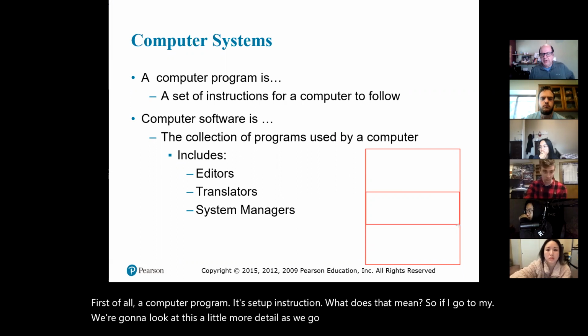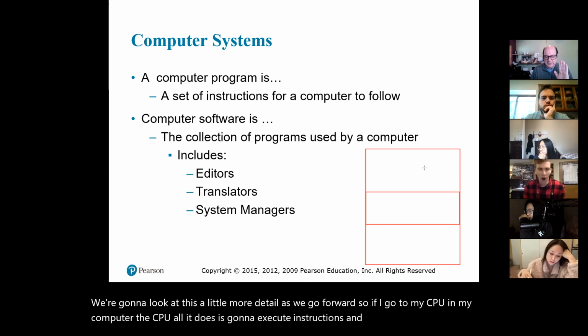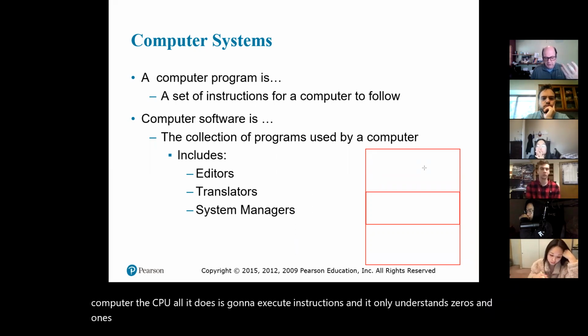If I go to the CPU in my computer, all it does is execute instructions, and it only understands zeros and ones. So whatever we write is going to be translated to zeros and ones, and it's going to have instructions.